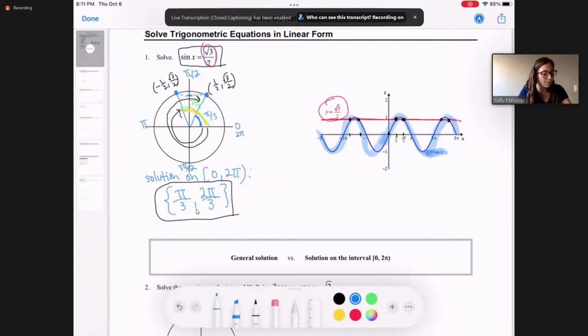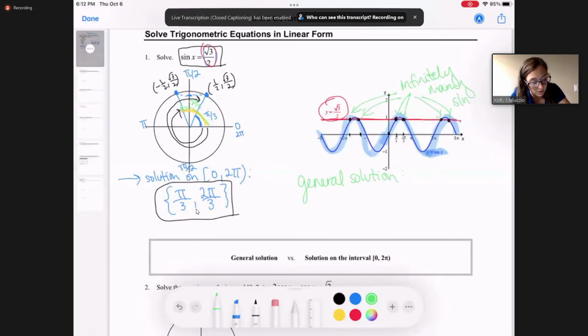Well, this was our solution on 0 to 2 pi, but our general solution means all of the solutions. Because of all of these, we see that there are infinitely many solutions to this equation.